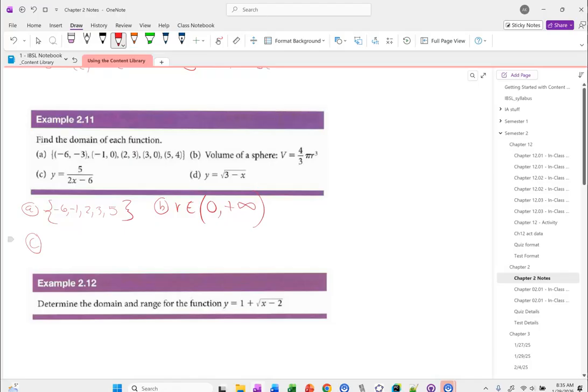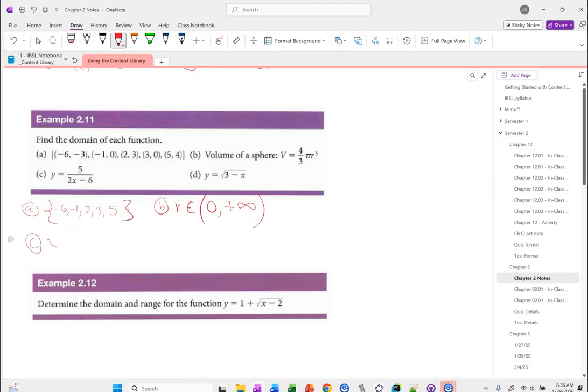What x value is going to give us a 0 denominator there? 3, right? Because 2 times 3 is 6, and 6 minus 6 is 0. Are there any other x values that will make this function undefined? No, right? So I just need everything except for 3.